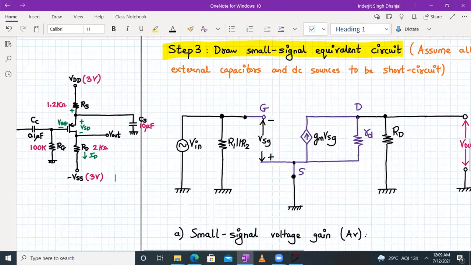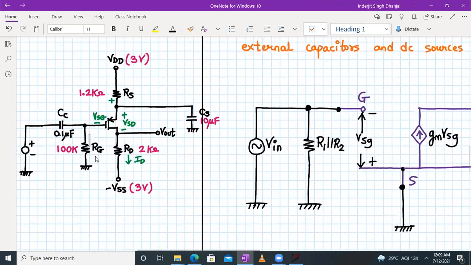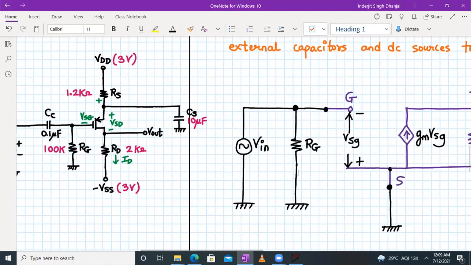Next, at the gate terminal, we have a resistor RG actually. It's not R1 parallel to R2, sorry. It's the resistor RG. So we have a resistor RG, then we have a voltage V in at the gate terminal. What about the source terminal?